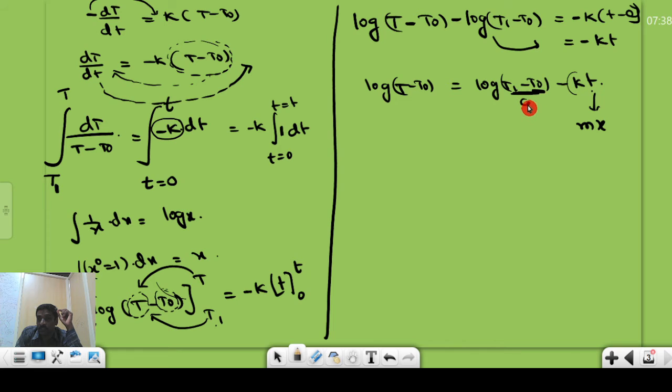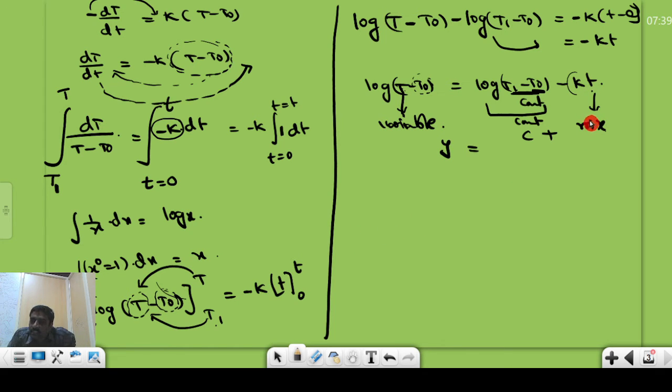This total is some constant, and log of some constant gives some constant, that is equal to C. T is the temperature of the hot body after time t. So this is the variable, and I am taking that variable as y. That means the formula is y is equal to mx plus c.